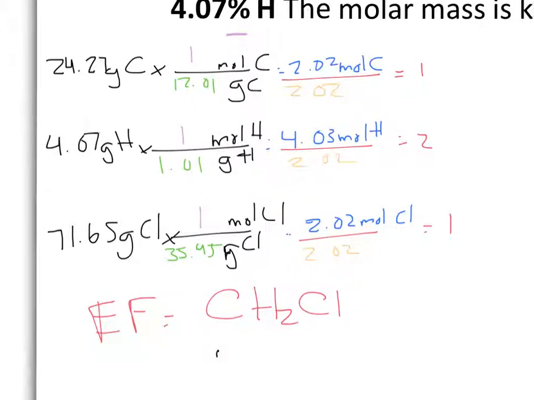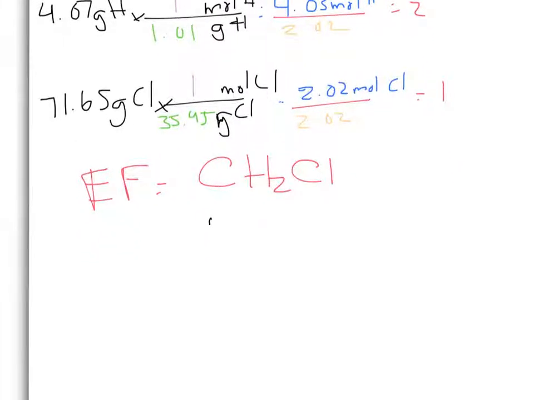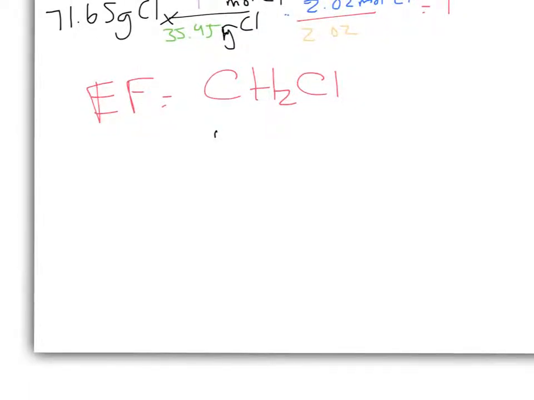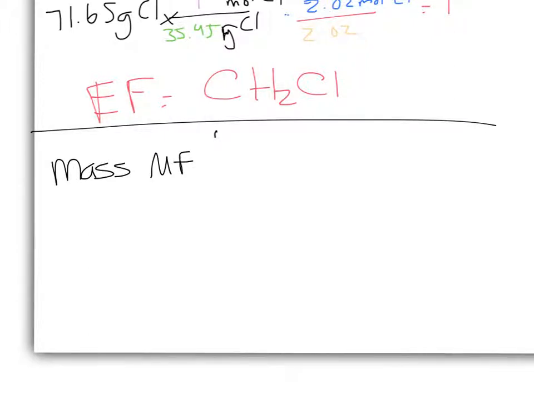Now, remember it said also calculate your molecular formula as well. And so I just want to go ahead and show you this. Remember, the molecular formula is the mass of the MF divided by the mass of the EF. And remember, I gave you a simpler way to look at it.